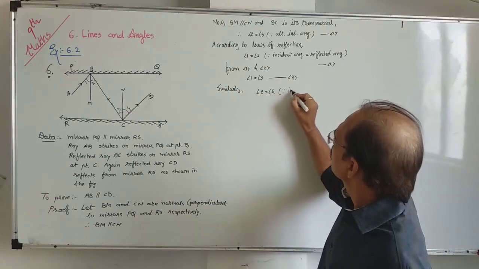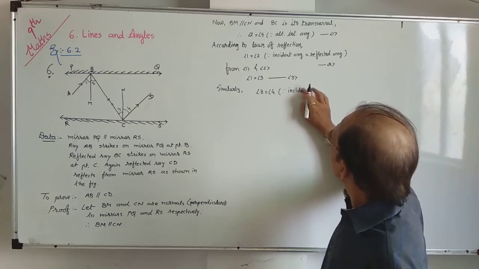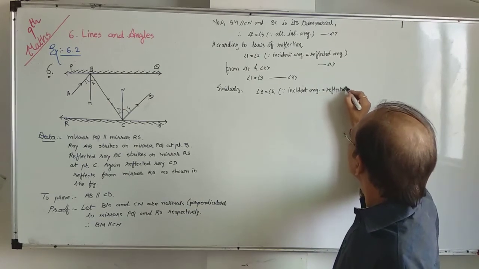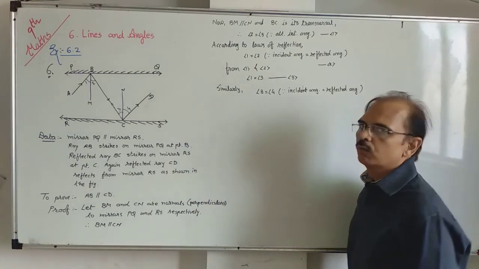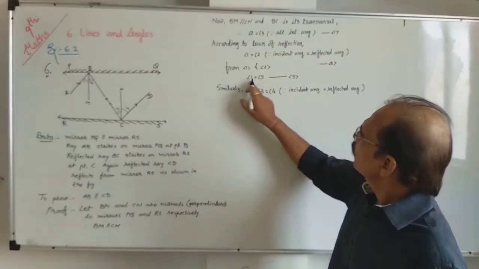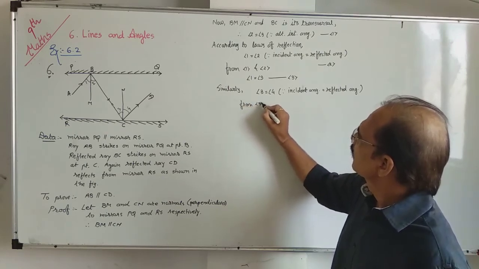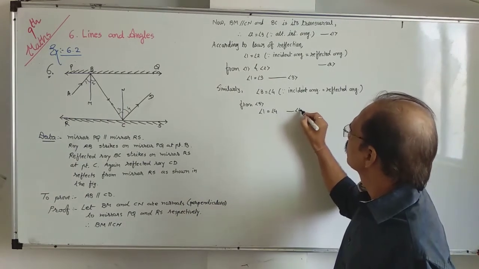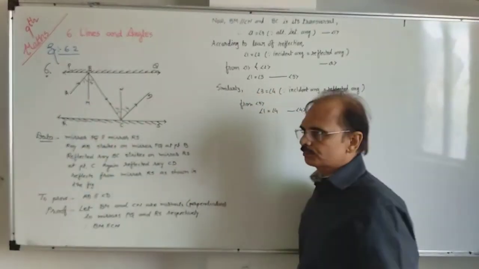Reason: incident angle equals reflected angle. But 3 equals 1. So you can derive that angle 1 equals angle 4. Number 4.